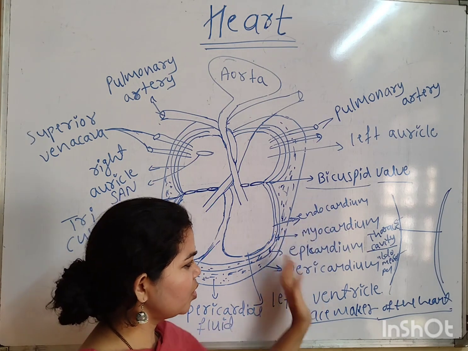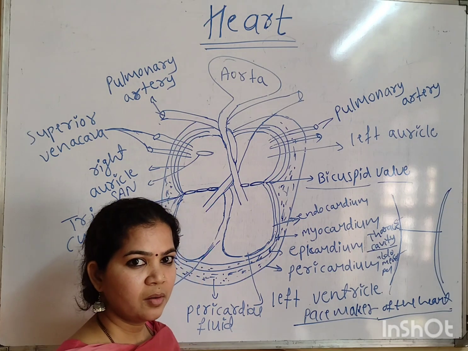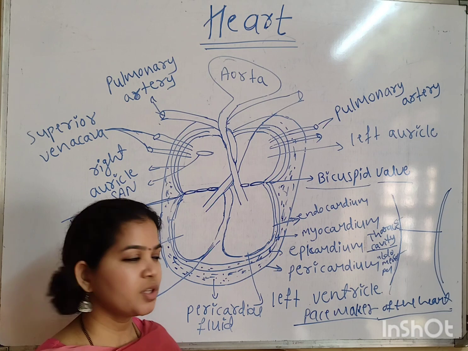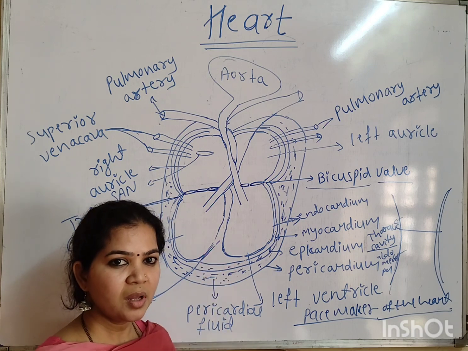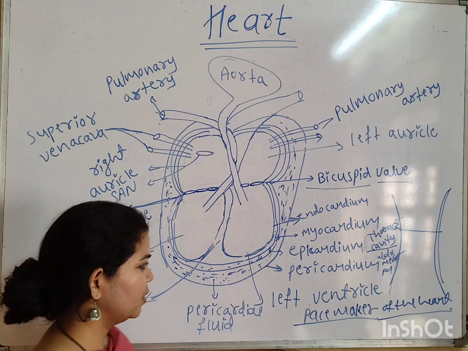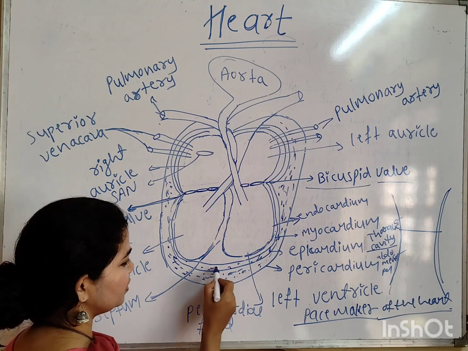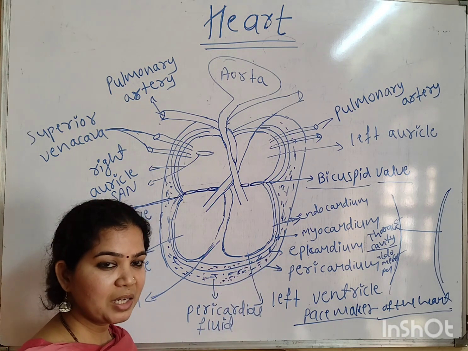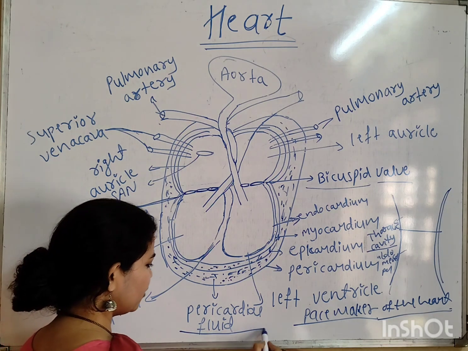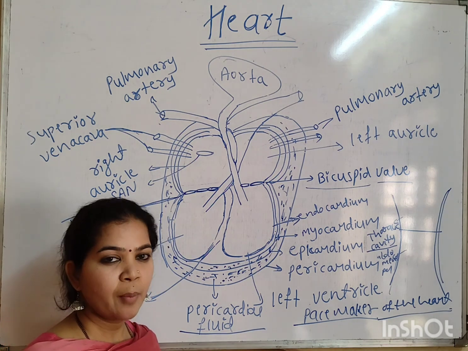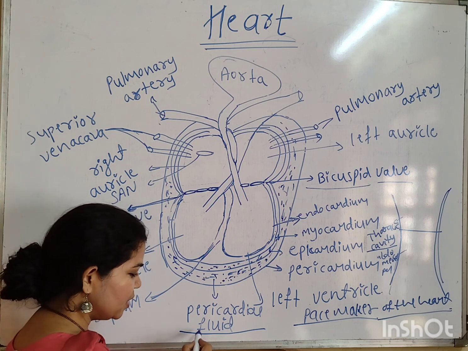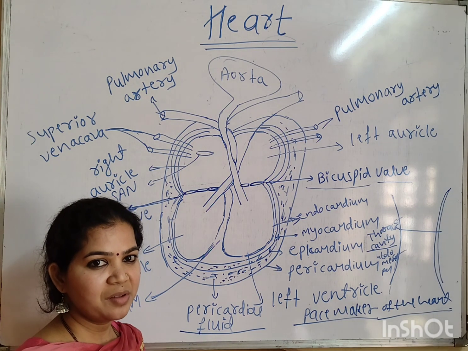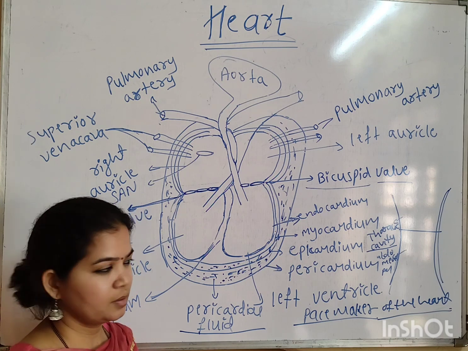These layers give protection to the heart. In between these layers there is a liquid-like substance called pericardial fluid, and this fluid gives nourishment, vitamins and minerals to the heart.